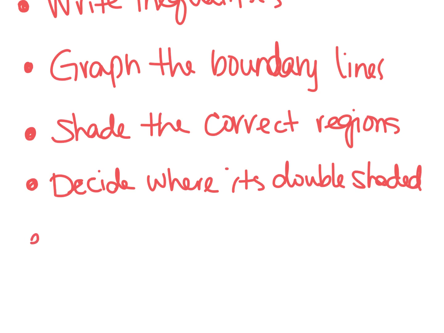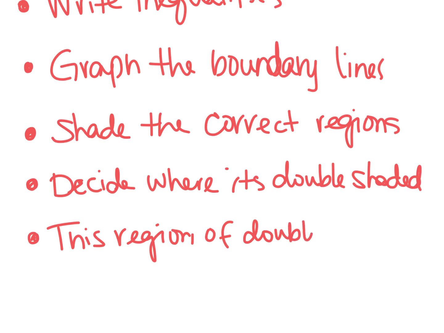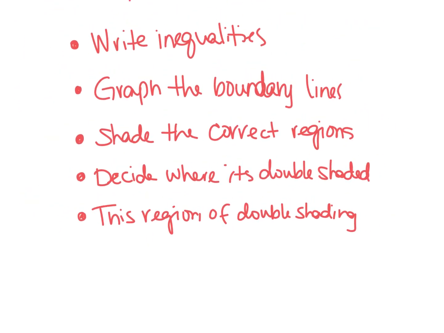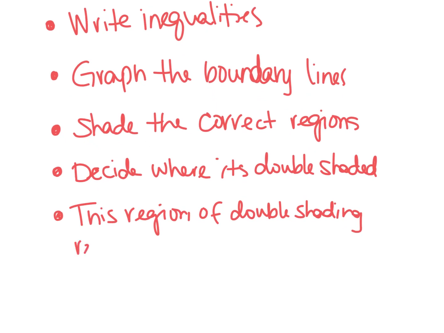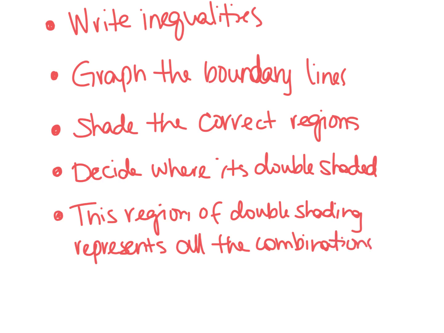That region of double shading represents all the combinations of solutions that satisfy both constraints.